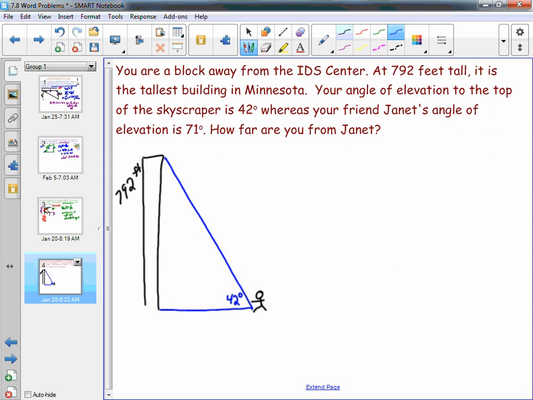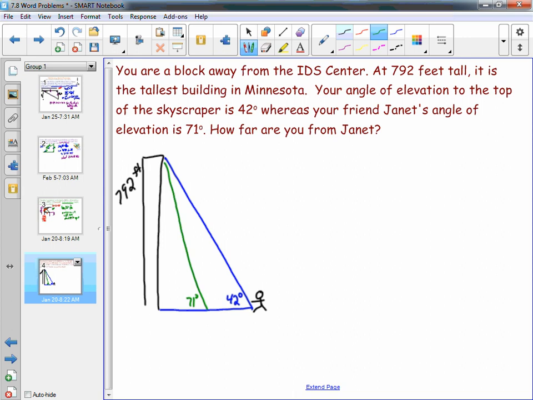Your friend Janet is standing closer, and her angle is 71 degrees. And we are asking how far away you are from Janet.